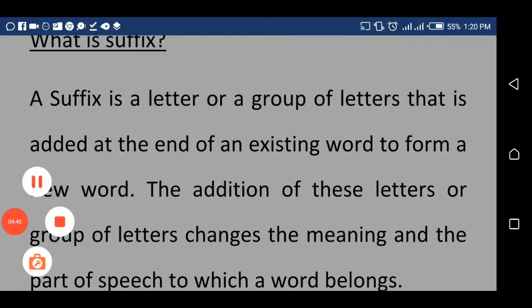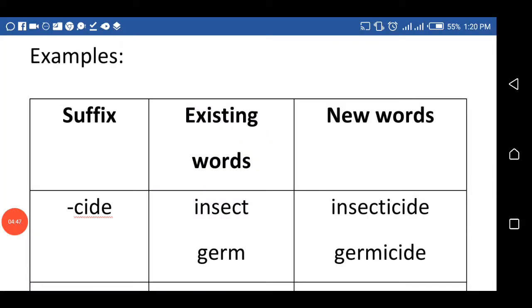Examples here. Example 1 here, you have -cide, side. Before this group of letters, there is a hyphen. You would observe that, contrary to discussions on prefix, the hyphen here comes before the group of letters, while for the prefix, the hyphen comes after the group of letters.